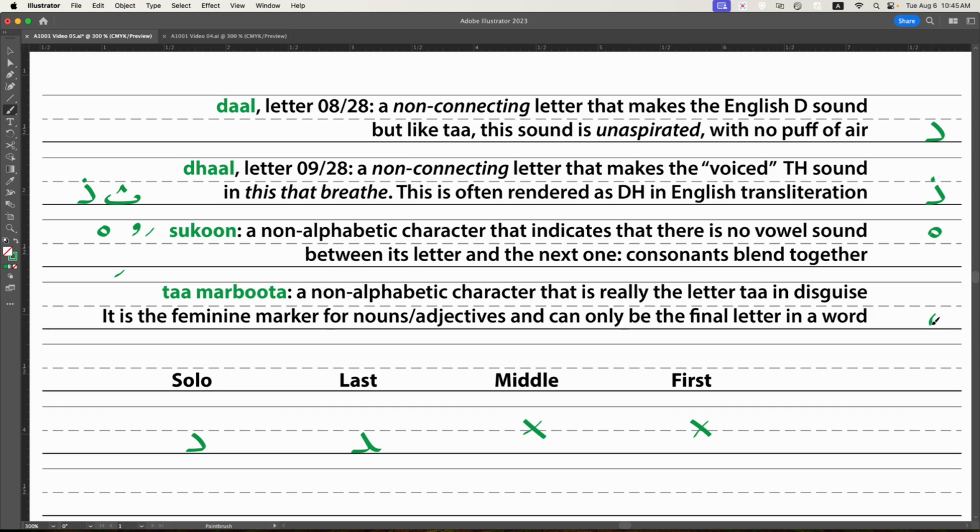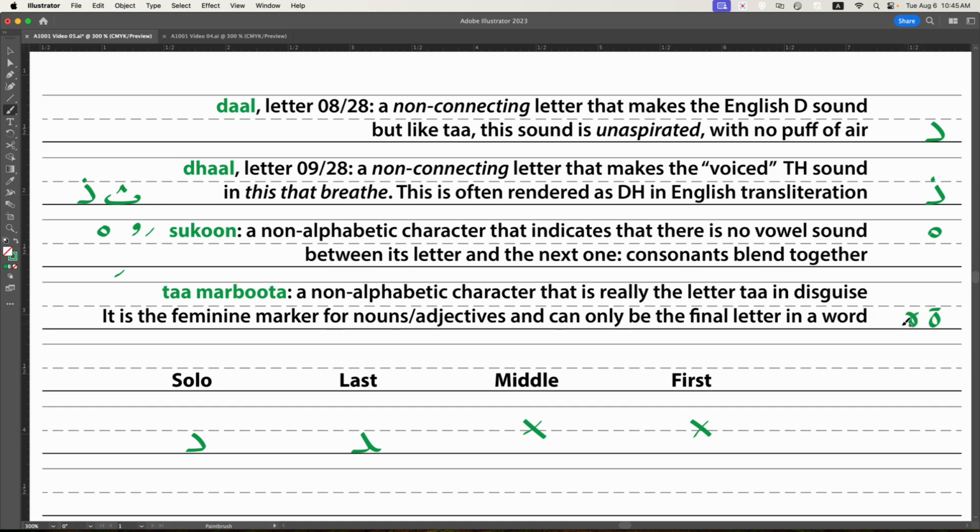So ta marbuta is usually drawn after a non-connecting letter. Remember, it can only be the last letter in a word, as a little wee egg with two dots on top. The two dots are because it's a ta, and ta has two dots on top. A lot of times, what it'll end up looking like is more of a loop like this. And this is a little more descriptive.